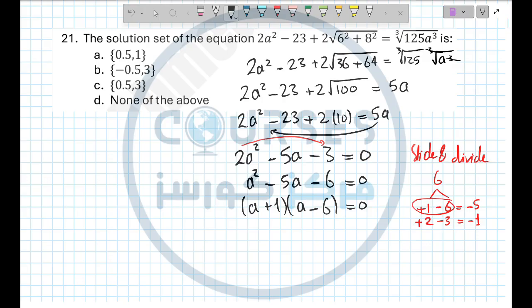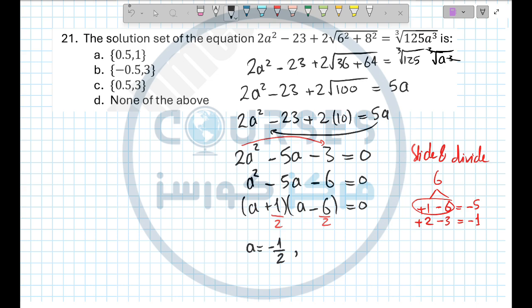We did the slide. Don't forget the divide. Divide by 2. The first one, we should bring the 2 and multiply it by the a, but we're finding the solutions. But actually, we don't need to. Just switch the sign. So a is going to be equal to negative 1 over 2.